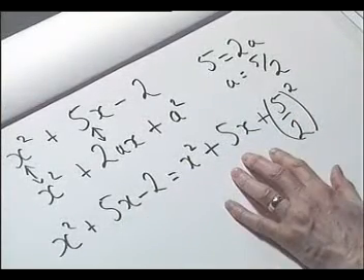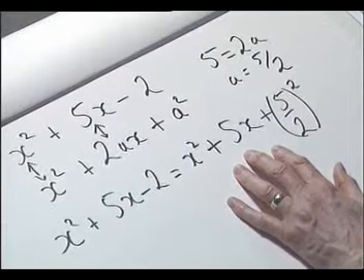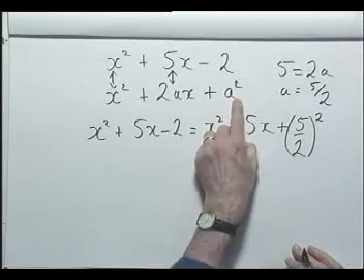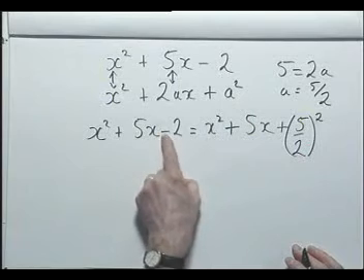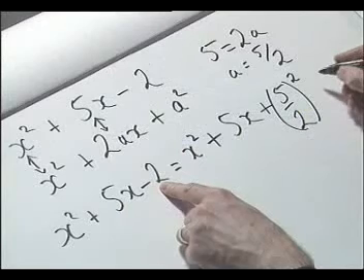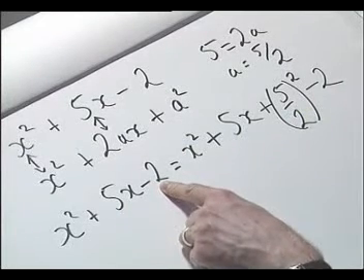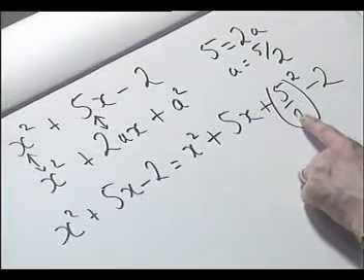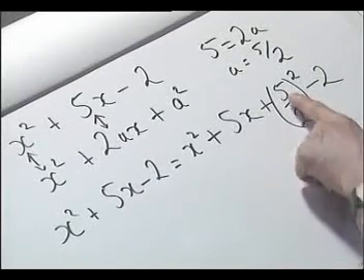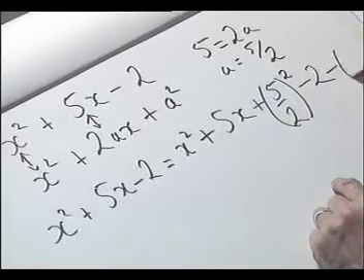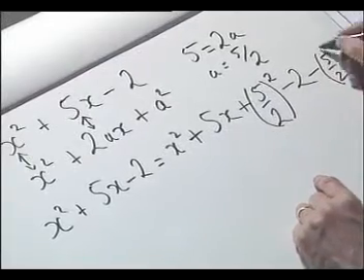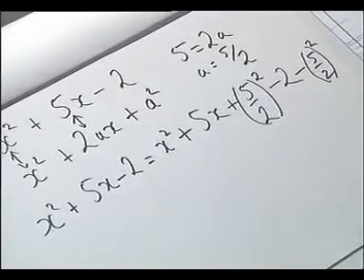But that isn't equal to that. This is equal to that, but not to that. Well, clearly we need to put the minus 2 on. But then it's still not equal because here we've added on something extra, 5 over 2. So we've got to take off that 5 over 2 all squared. We've got to take that away.